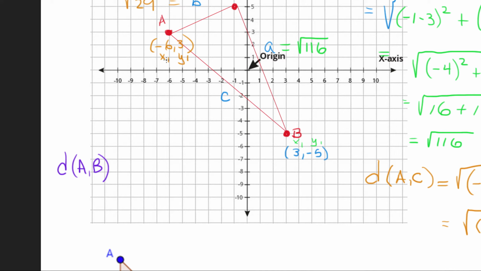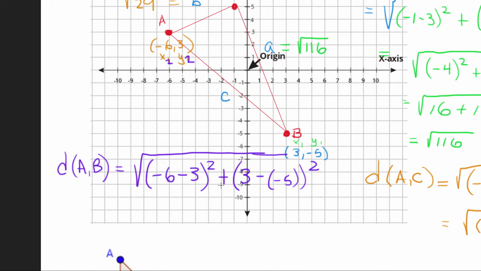So choose either one. I'm going to change this one to x2, y2. Okay? And then you plug it in. Again, I'm not going to rewrite the formula because you already wrote it. X2 is negative 6 minus x1, which is 3, plus y2, which is 3, minus y1, which is negative 5, in parentheses.